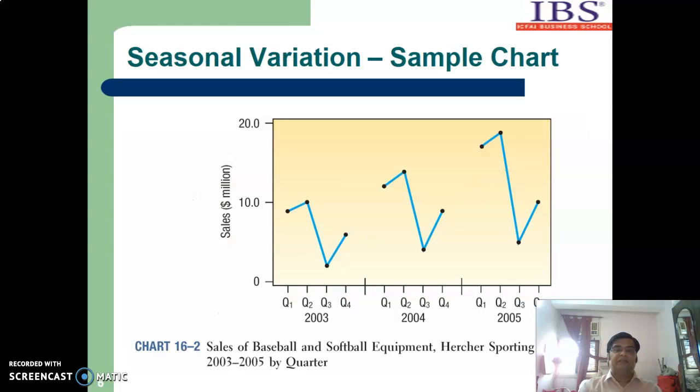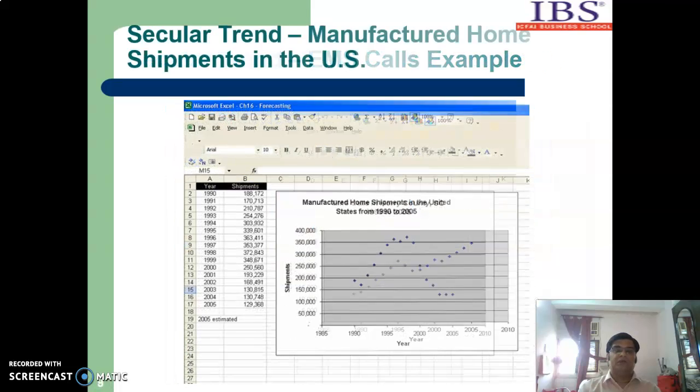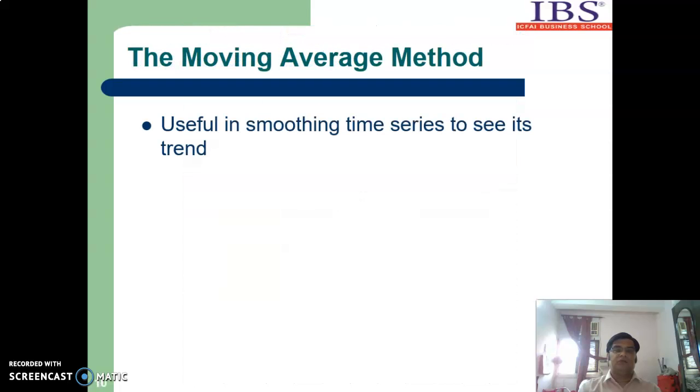This is a seasonal variation. Sometimes you can see that in quarter 2 the sales of baseball equipment are high. So this is a quarterly plot. Similarly, we can show many other graphs.